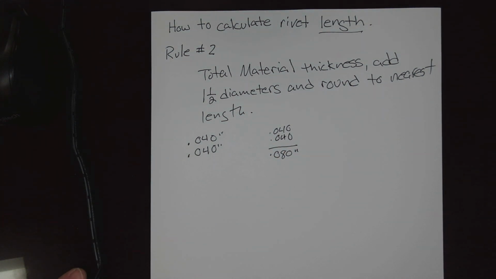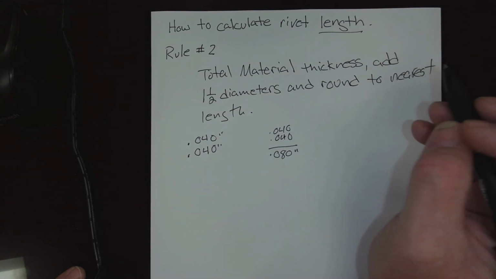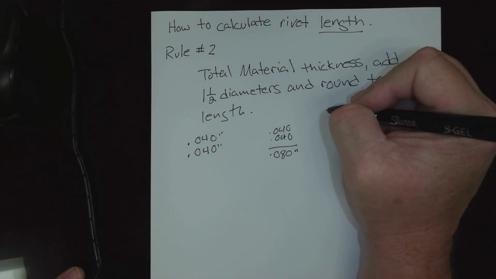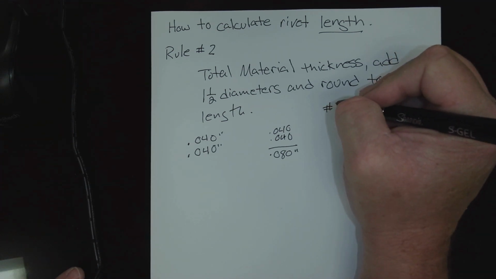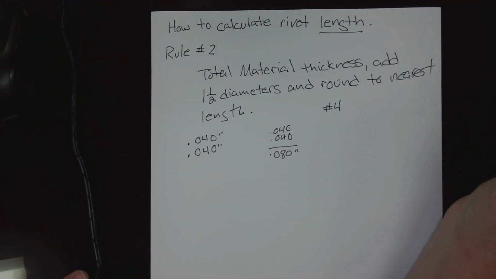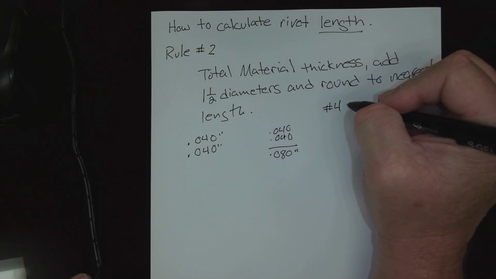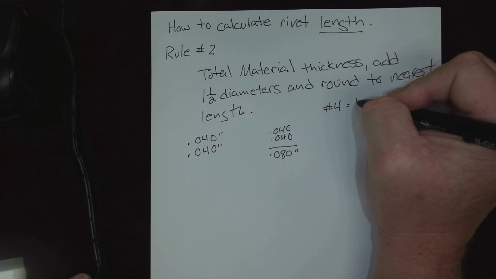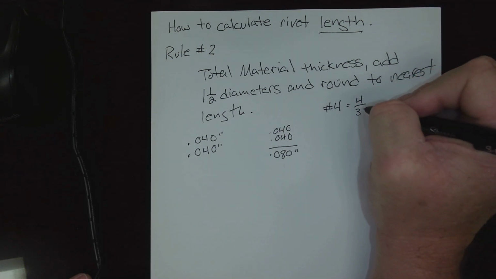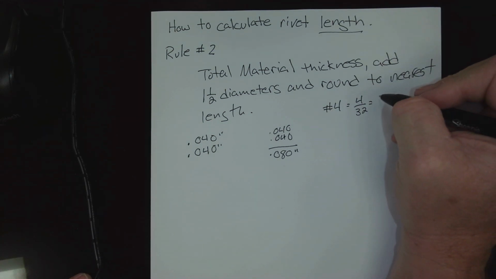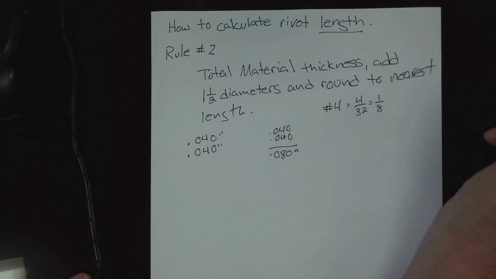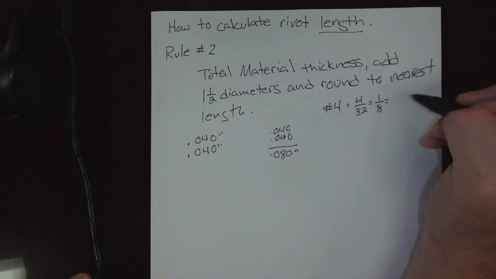Now the next part of this rule is to add 1.5 diameters. Now from the previous video, we determined that it was a number 4 rivet, and a number 4 rivet is also equal to 4/32, which is also equal to, if we simplified everything, 1/8 of an inch.